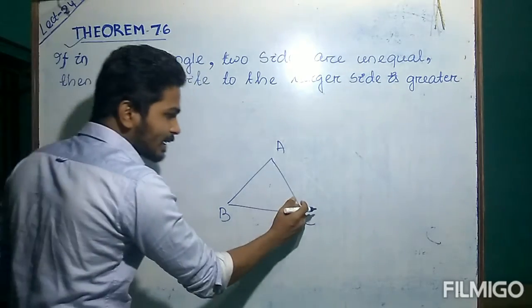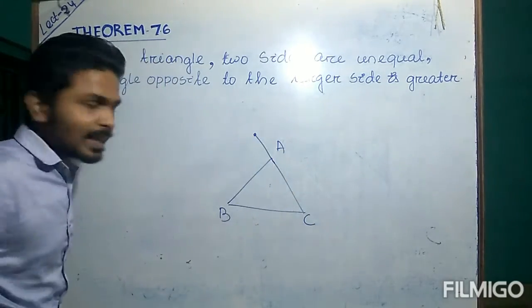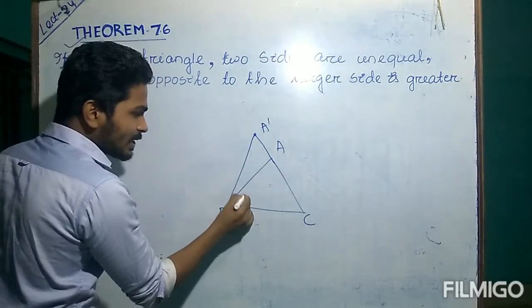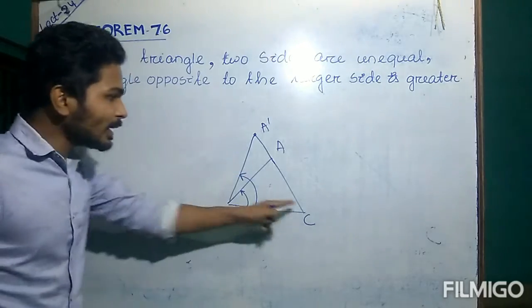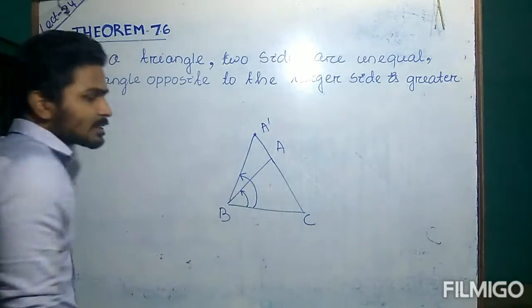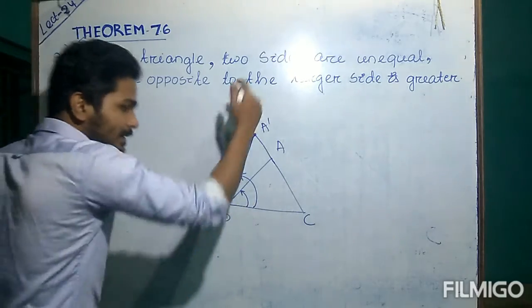side, suppose we increase the length of AC to this point, say A dash, then initially the angle is this, now the angle becomes this. So here we increased the length of the side AC, so its opposite angle's value also increased.